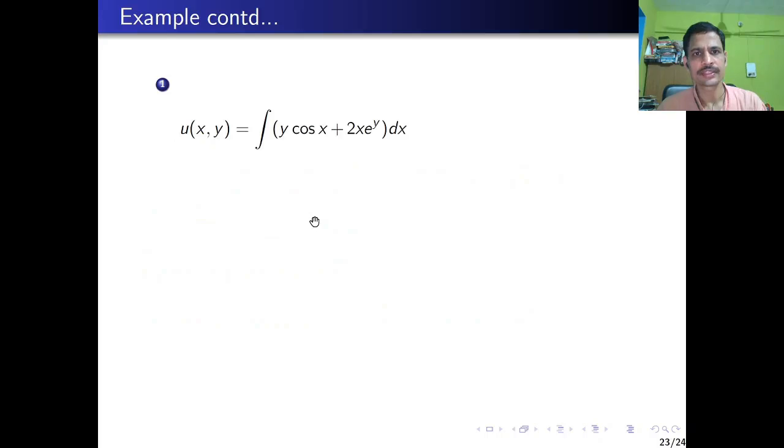So it is y cos x plus this plus a constant which is actually a variable with respect to y. We can integrate this. The integration will be with respect to x. So it is y sin x plus, again integration with respect to x, so it is x square e^y plus k(y).